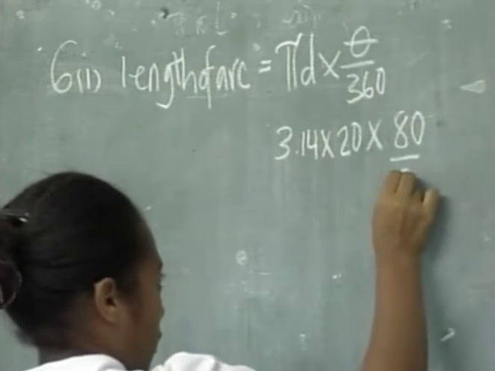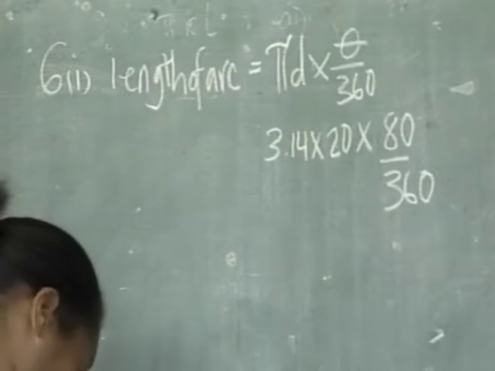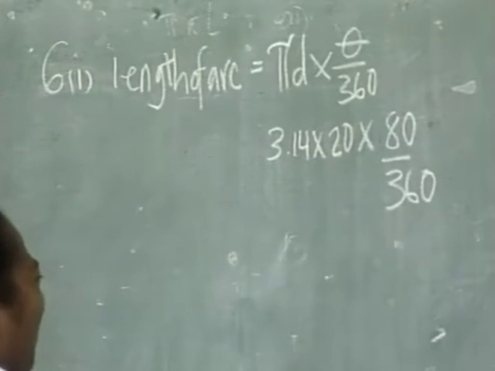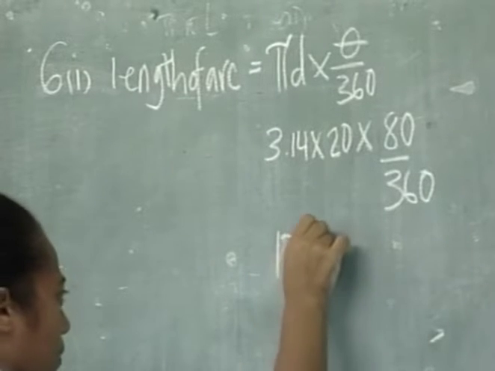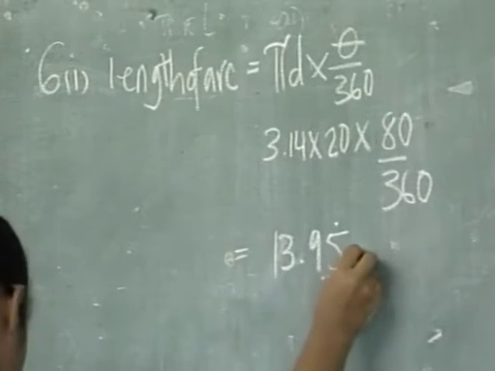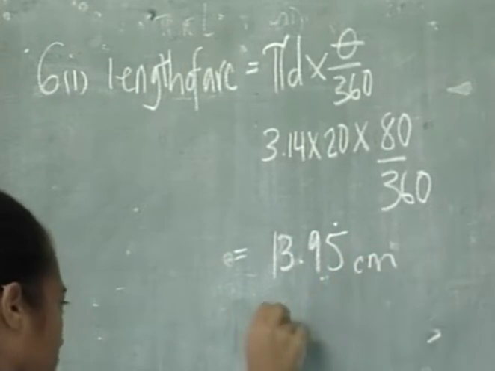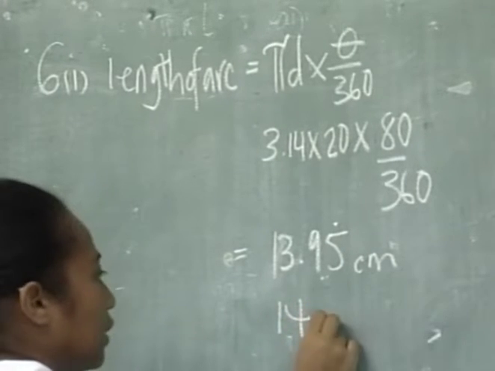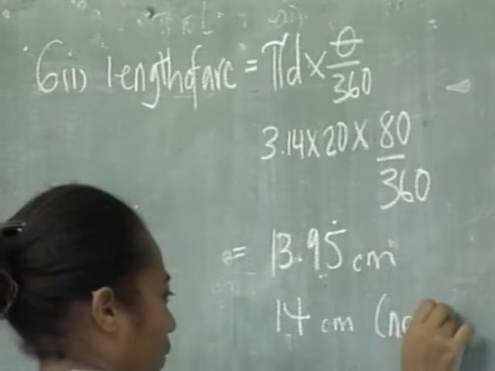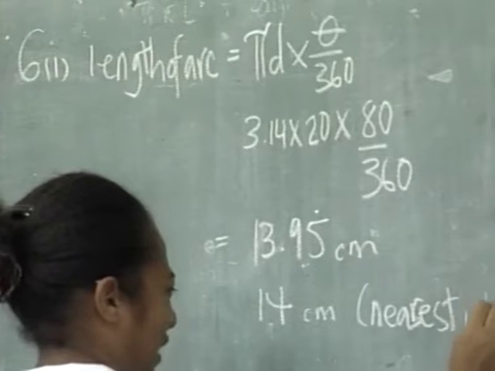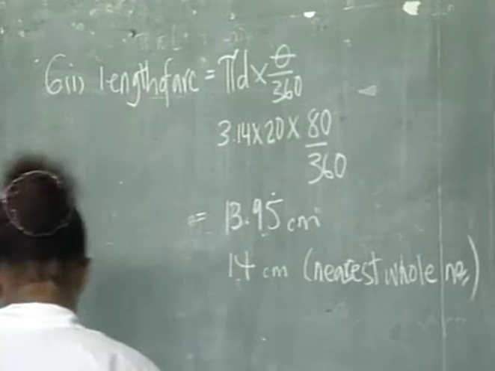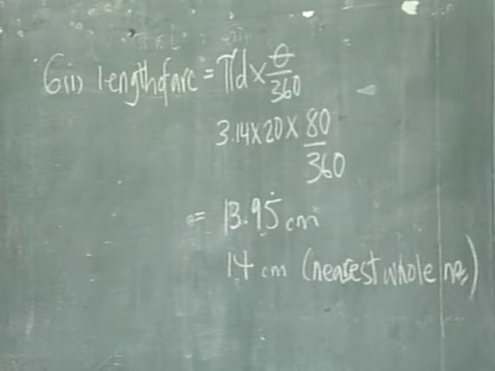He used 22 over 7. Okay, the person doing number 2, go up and do number 2.